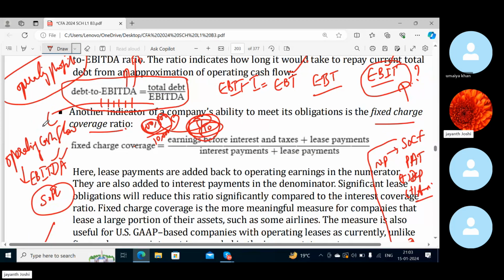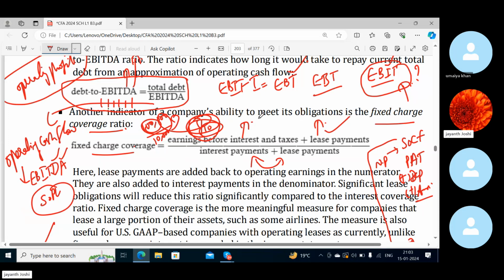Now, one more ratio, fixed charge coverage ratio. So in this, what they have done extra is they have just added the lease payments. Already we had EBIT, whereby interest was a fixed expense. Now they have added one more kind of fixed expenditure, that is lease payments. And in the denominator also they have added interest payments with lease payments. The concept is same.